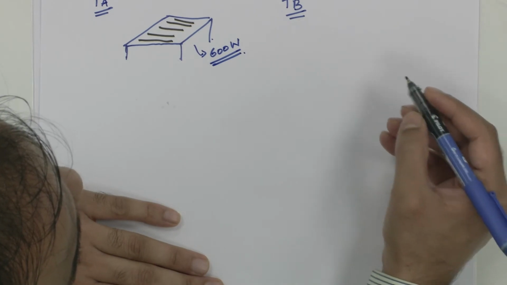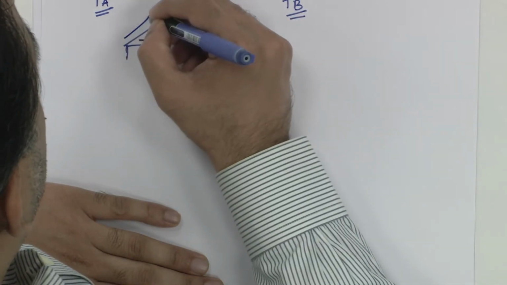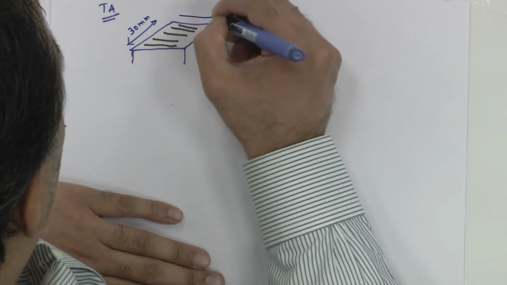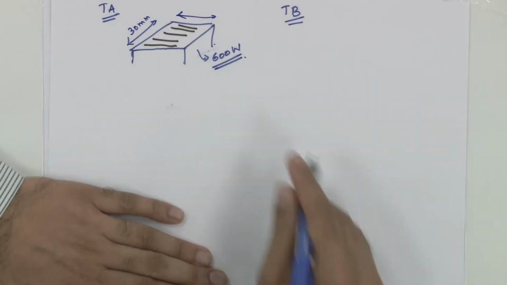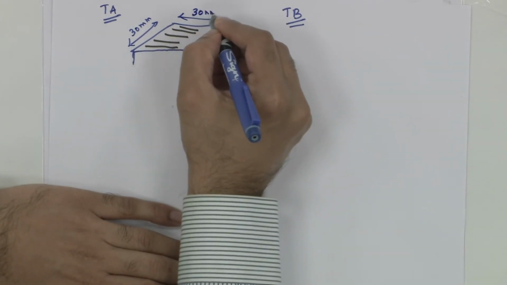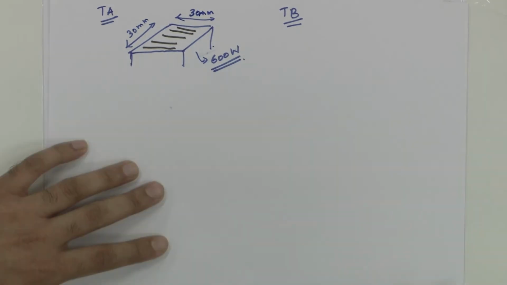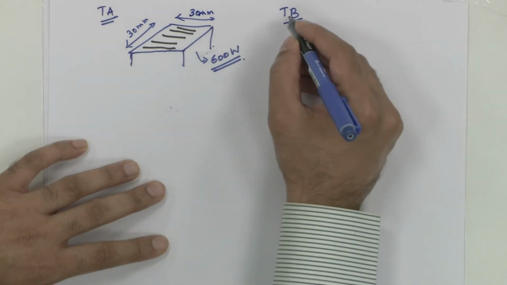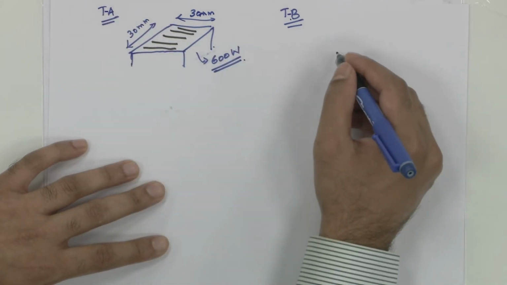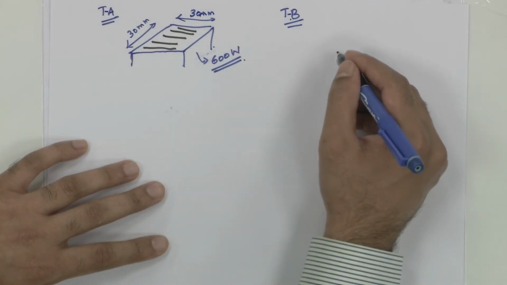And this silicon device has an area of 30 mm by 30 mm. So, that is the area, and so team B says we need to spread the heat to a larger area and then we need to put this down.